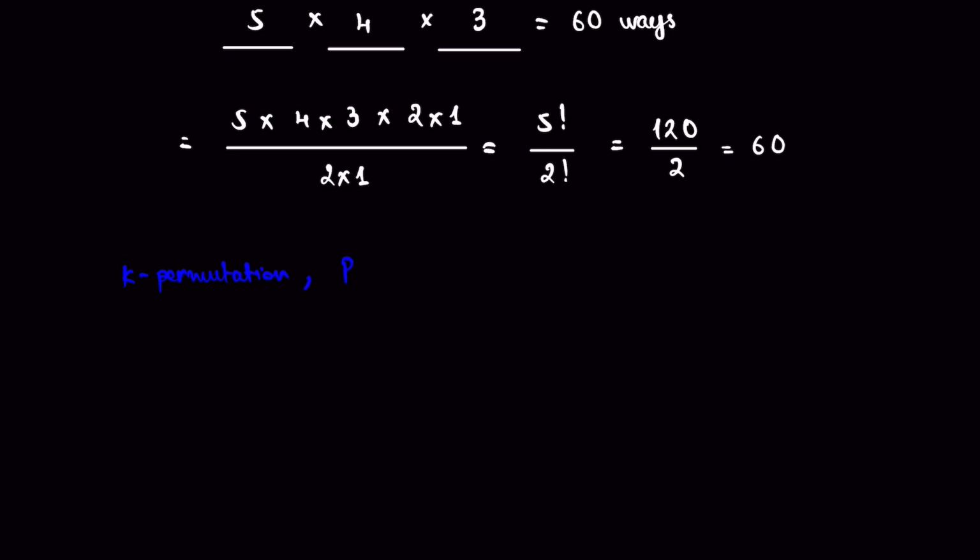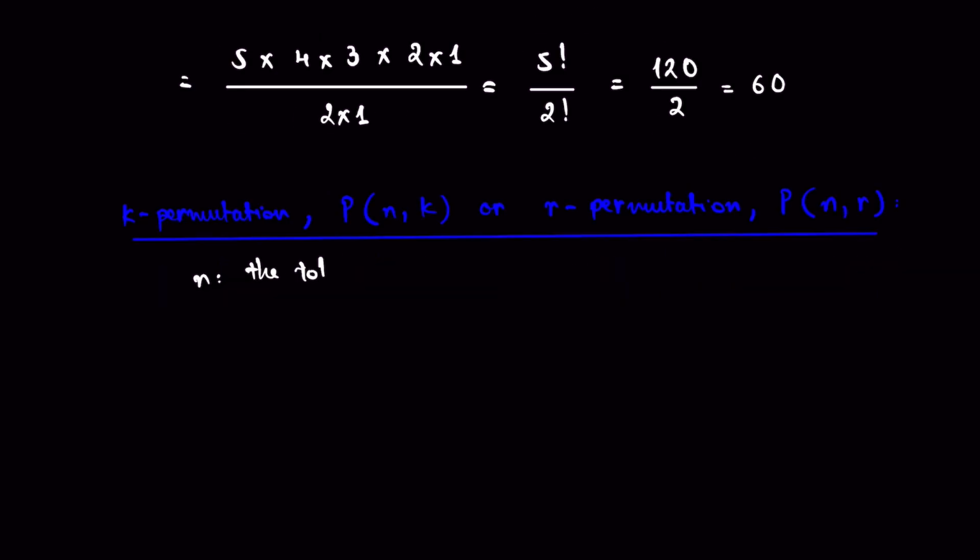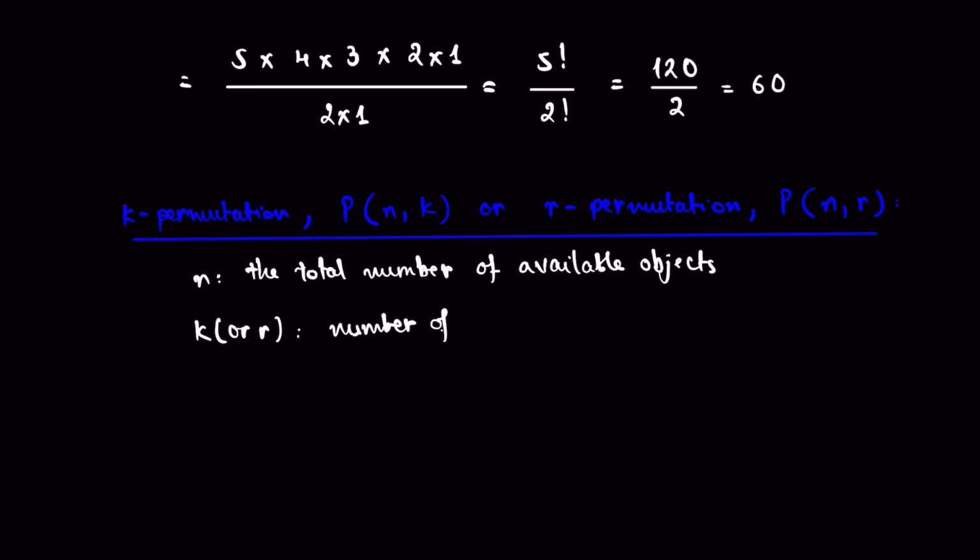And the notation for that is P of N, comma K, or you can have R permutations. The notation is P of N, comma R. So either one should be fine. In this case, N is going to be the total number of available objects, and K or R is the number of positions, or selections.